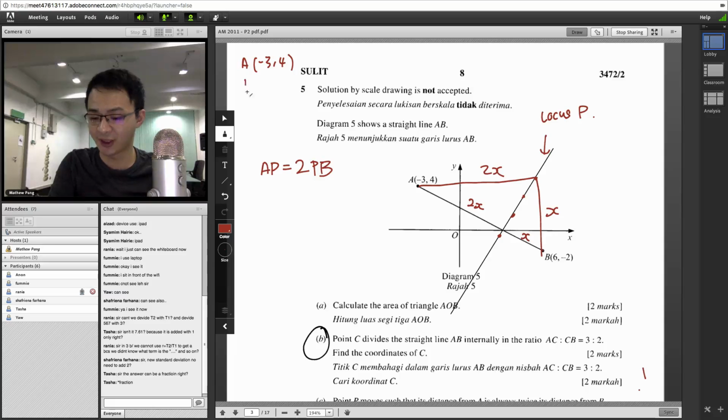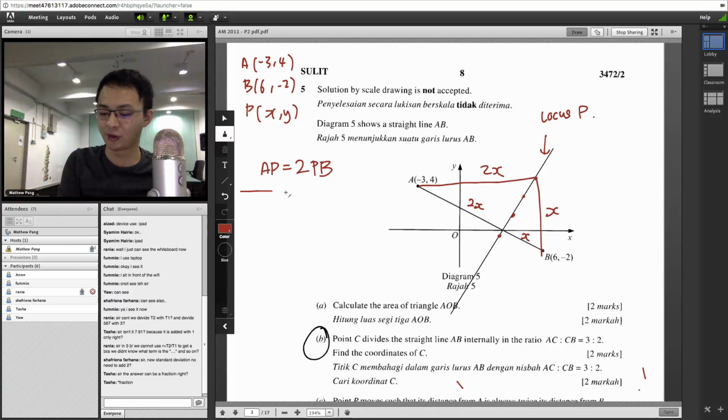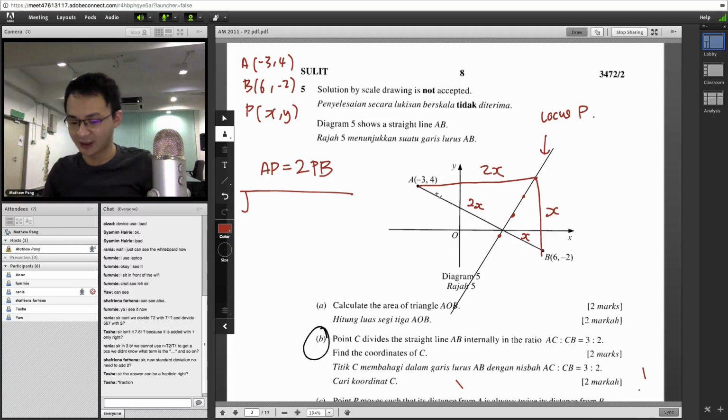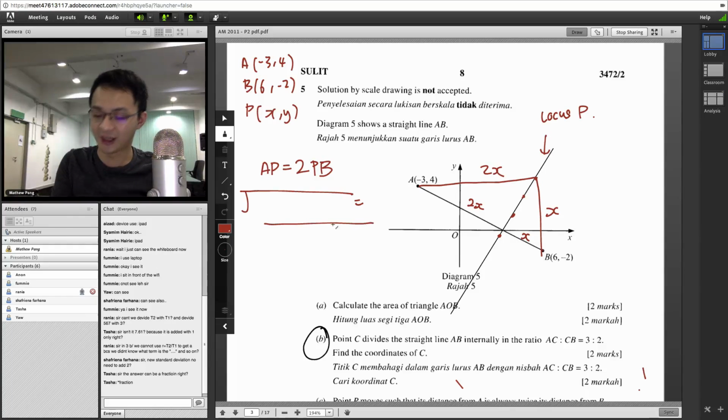My B is 6, negative 2. And my P is unknown, I'm going to call it x, y. Here I'm going to use the distance formula. I don't have enough space, so I will write the other coordinates at the bottom.